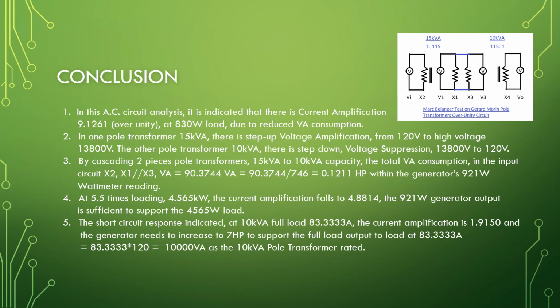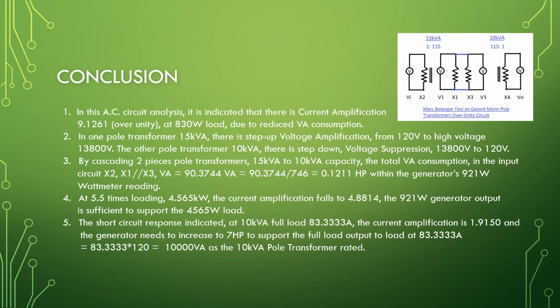That equals 90.3744 VA divided by 746, equal to 0.1211 horsepower, within the generator's 921 watt-meter reading.